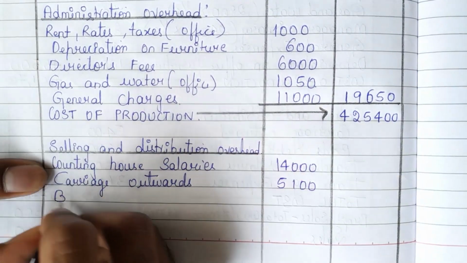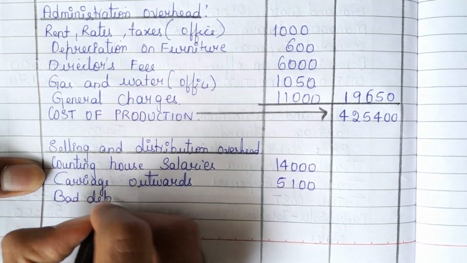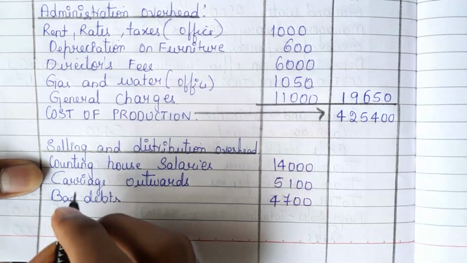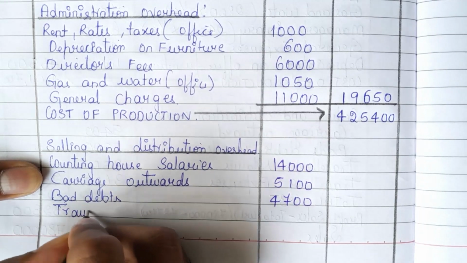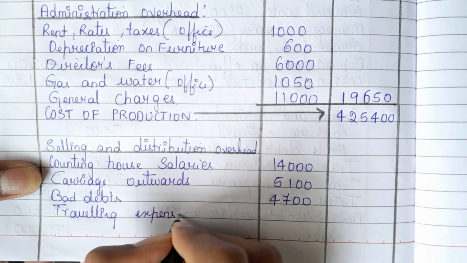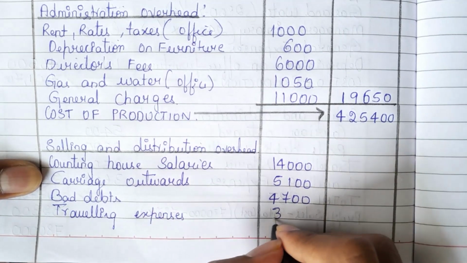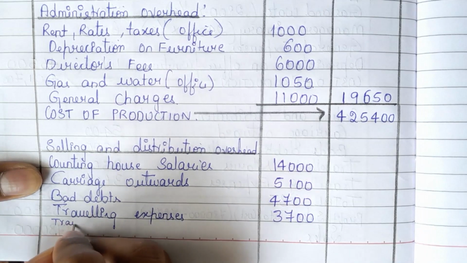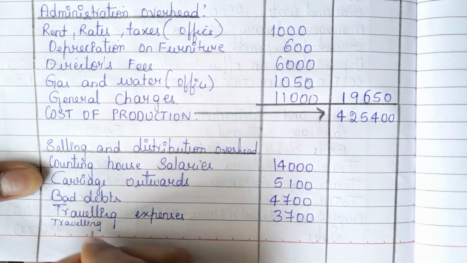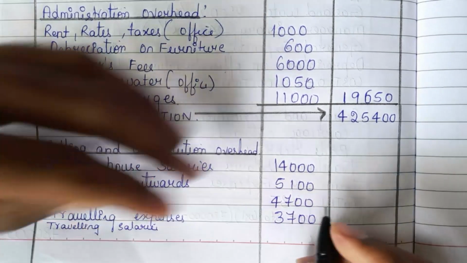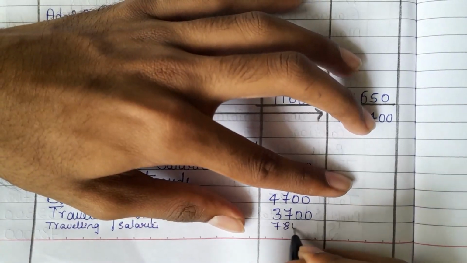How much is it? 5,100. Then you will have bad debts, which is 4,700. Then we have traveling expenses, which is 3,700. Then we have traveling salaries. How much are the traveling salaries? It is 7,800.